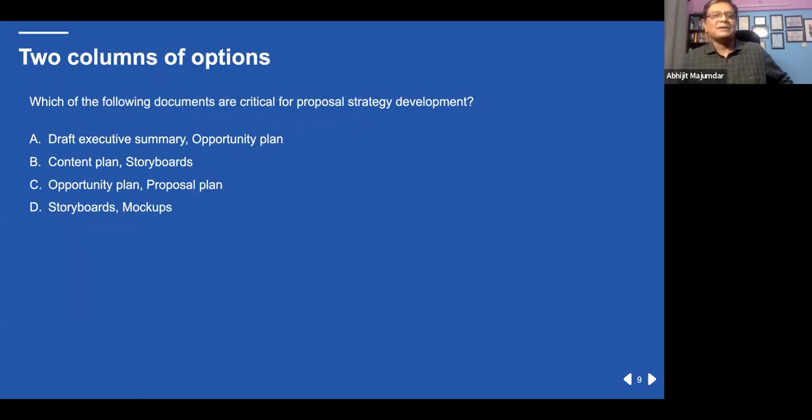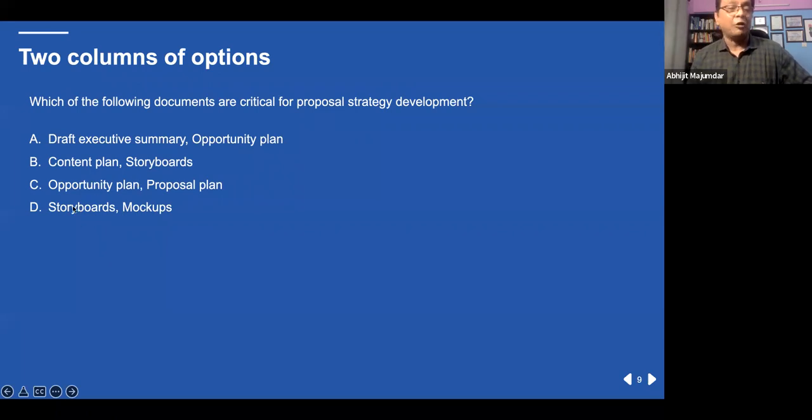Okay, the next is 2-column options. Now here every answer will have two columns, like two answers. Okay, and both of them should be correct, or both of them should satisfy the STEM question. Like, which of the following documents are critical for the proposal strategy document? Draft executive summary, opportunity plan, content plan, storyboard, opportunity plan, proposal plan, storyboard, mock-up.